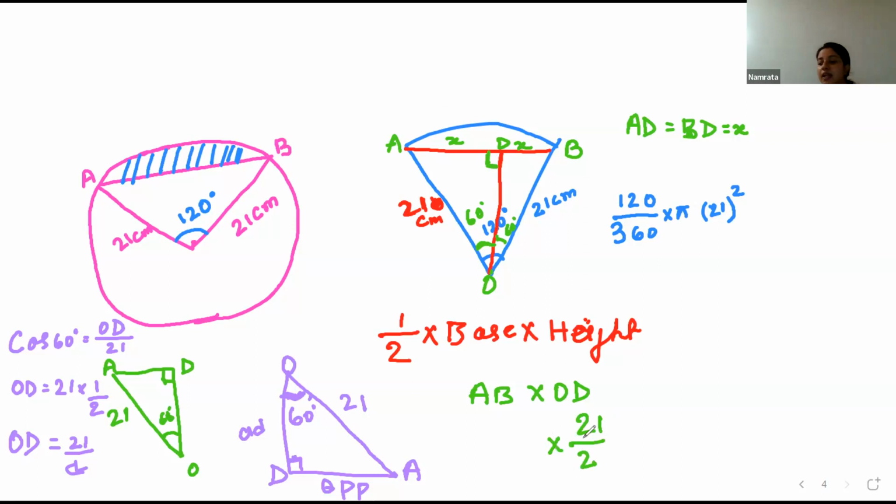Now what is the AB value? AB. Not A, yeah, AB. AB we can't find as of now, but with the help of this triangle, we can find AD, right? Can I say sine 60 is equal to opposite, that is AD, over hypotenuse, that is 21?